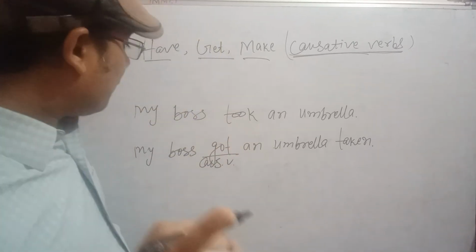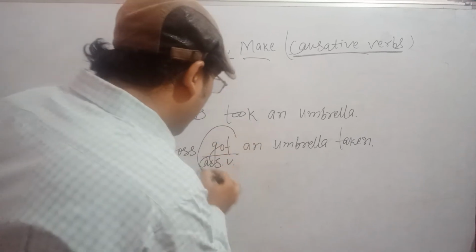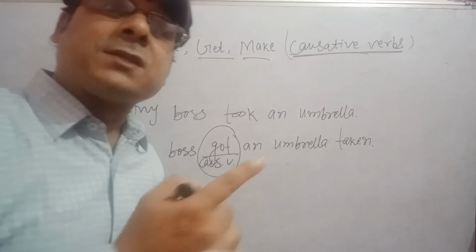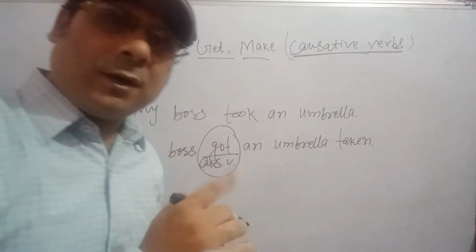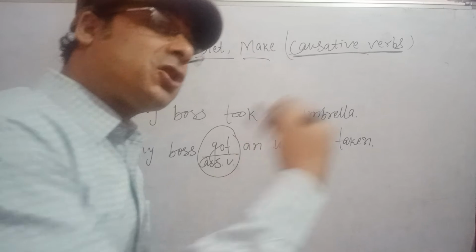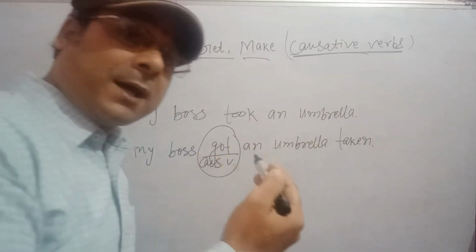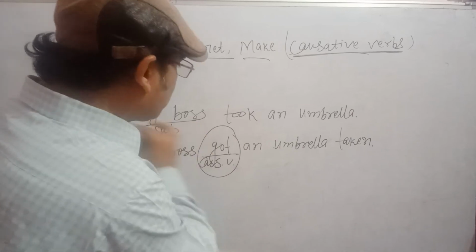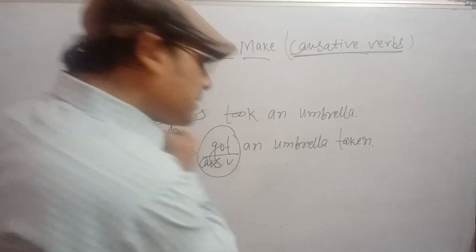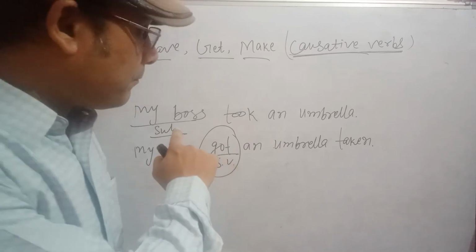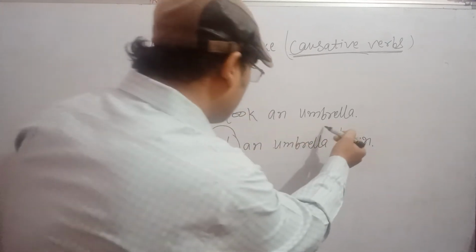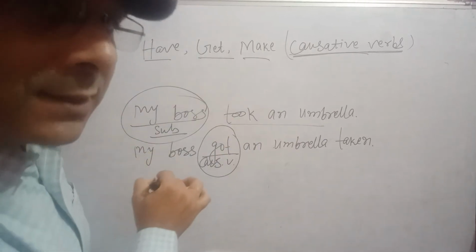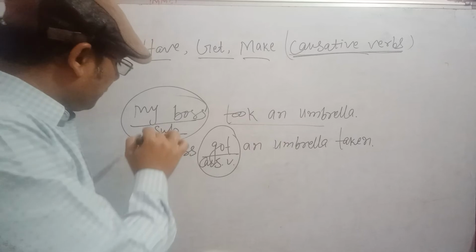Do you know why? Because while the subject of the sentence doesn't work, the work is done by someone else, not by the subject itself. Here, in my boss took an umbrella, the subject has done this work itself.